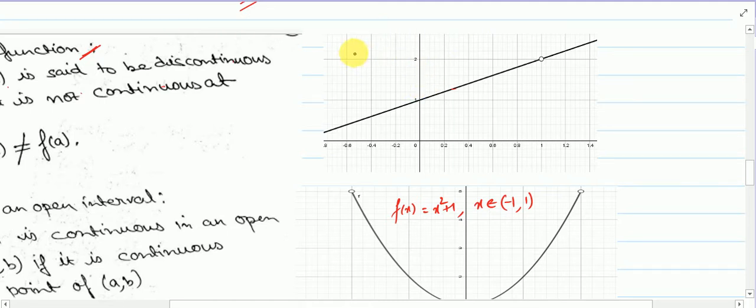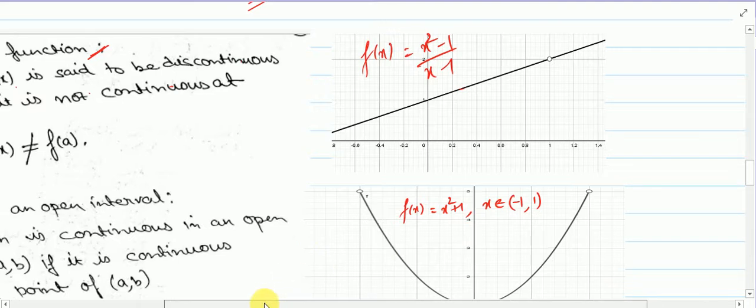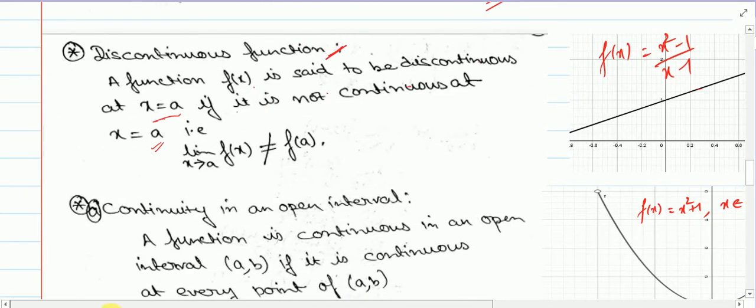So this function was x squared minus 1 upon x minus 1. You will write this down in your maths copy.